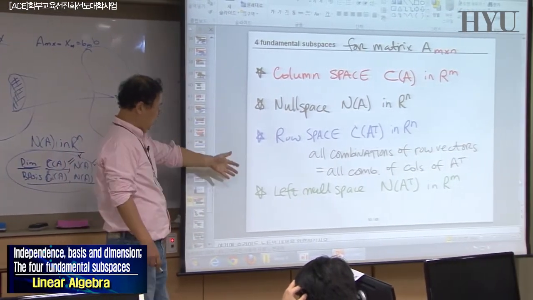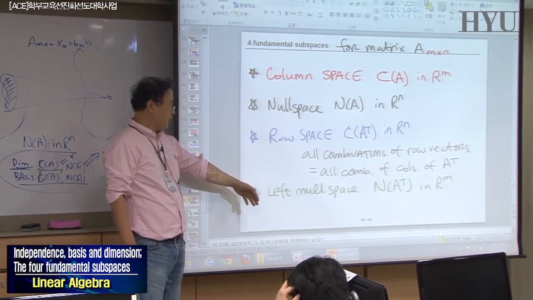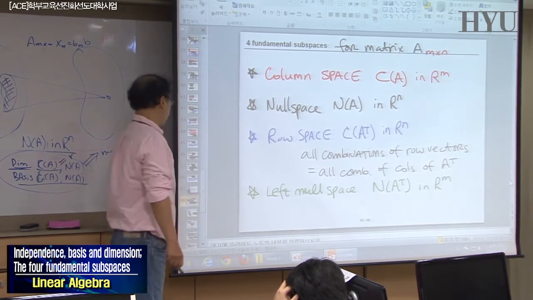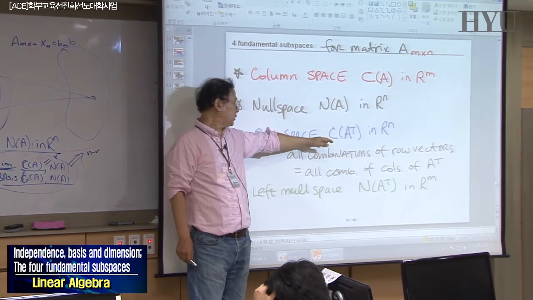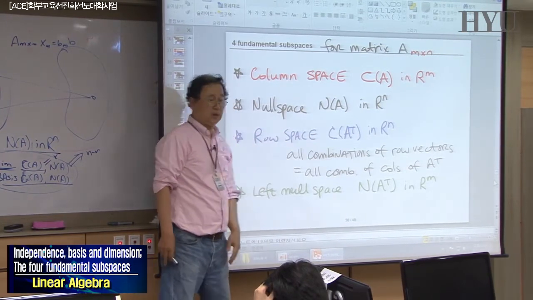Actually, the row space and left null space are almost identical, but the only difference in definition is the transpose. Just take A, then transpose.